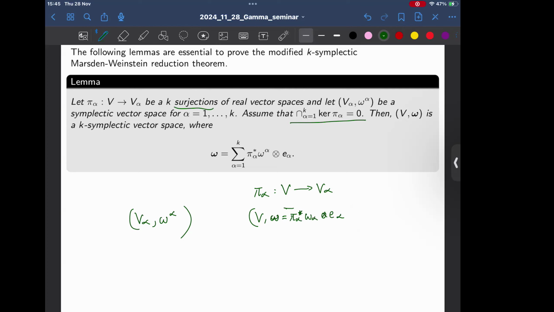Sorry about the indices. So this is the main idea that stands behind the proof.